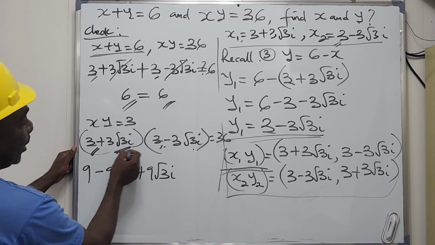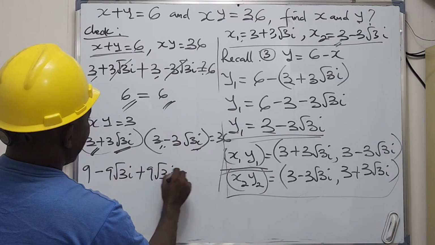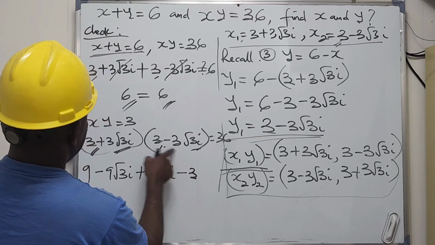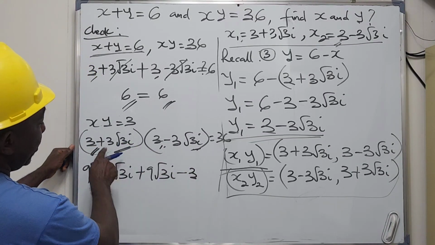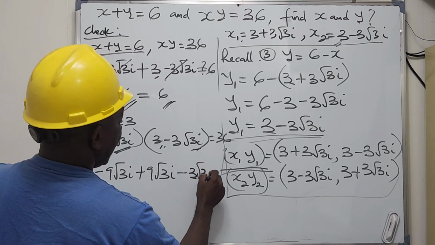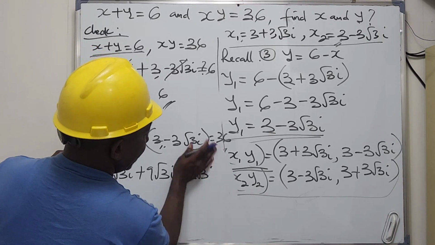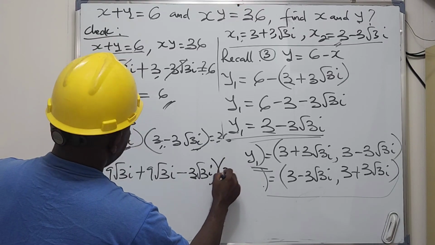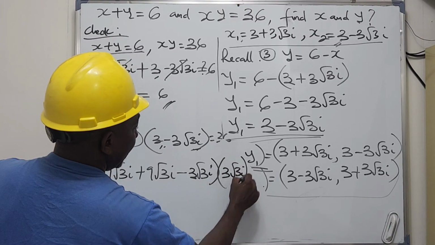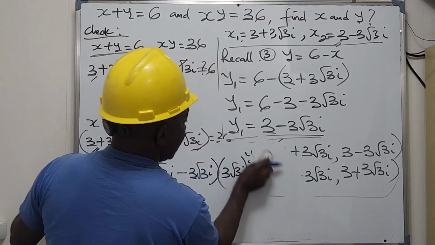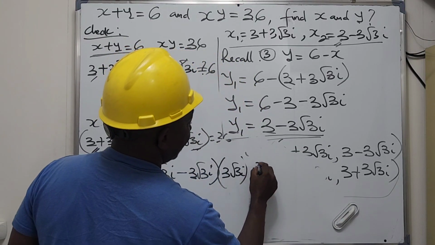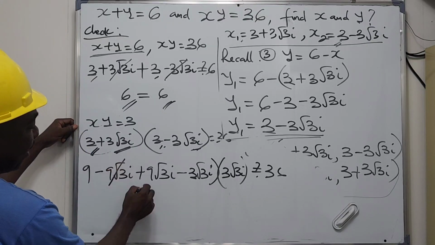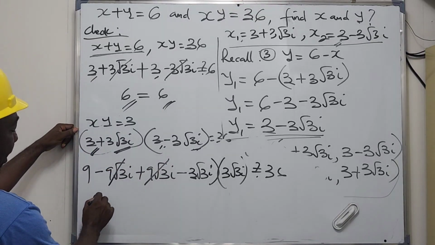So here we can see that this and this will go. We are now left with 9.